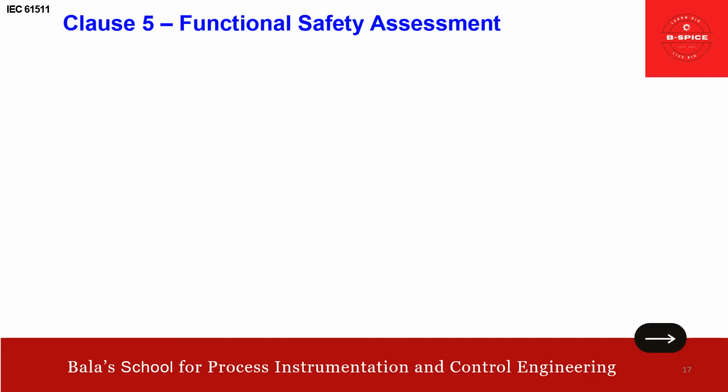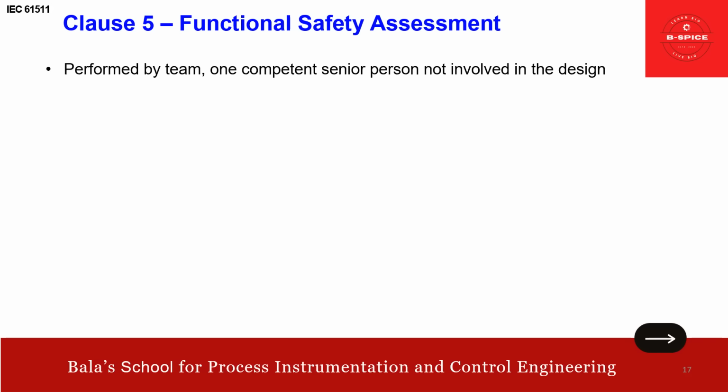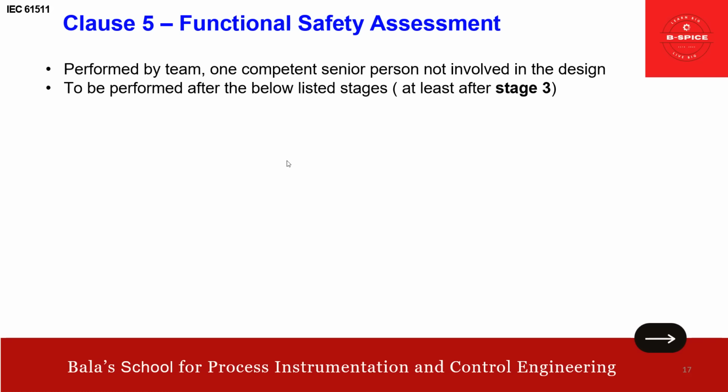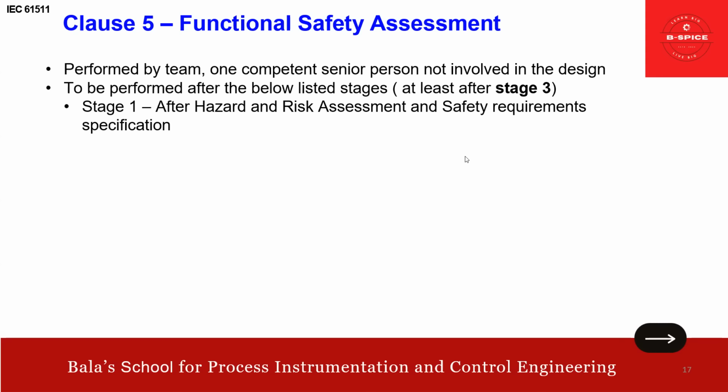Now, under functional safety, there is assessment. This assessment is performed by a team with one competent senior person not involved in the design, meaning outside the project. It is to be performed after the stages listed below, at least after stage 3. The first stage is hazard and risk assessment and safety requirement specification.